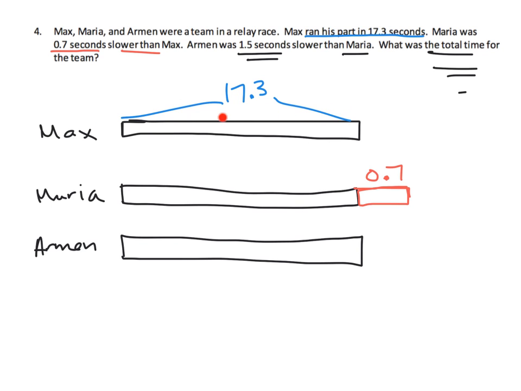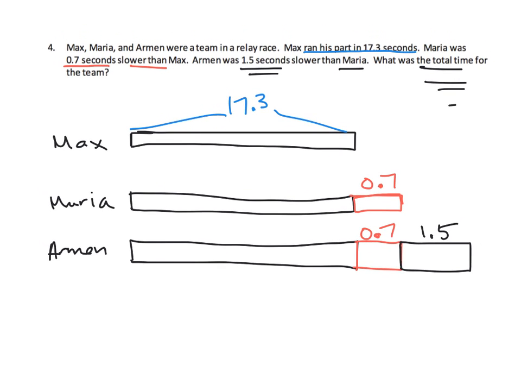Because Max was this length, Maria took a little bit longer. And then Armin was 1.5 seconds slower than Maria. So Armin, he has to add not only the 0.7, but he also has to add an additional 1.5 seconds.